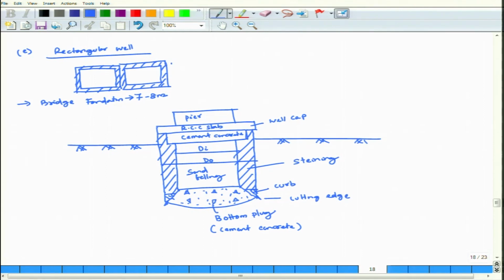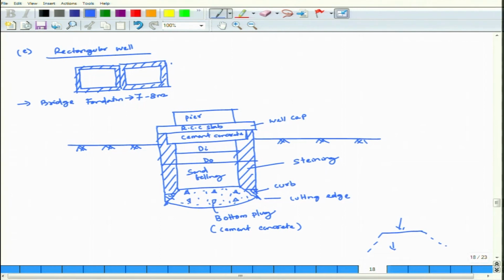RCC slab, cement concrete, pier, and this is a well cap. This is the steining, there is a curb, and at the end, if you look, the cutting edge is always outward. Outward means once you penetrate inside the ground surface, it will cut outerly.